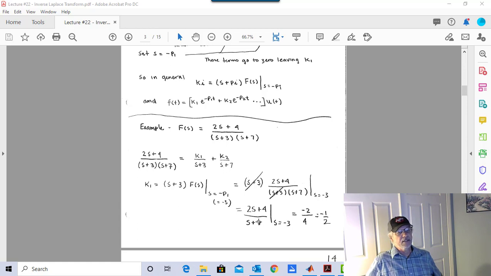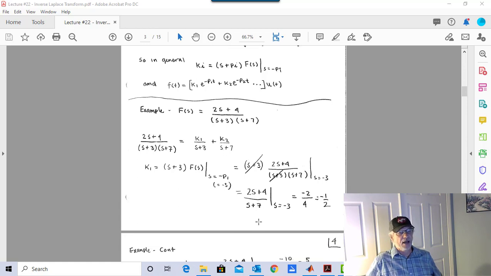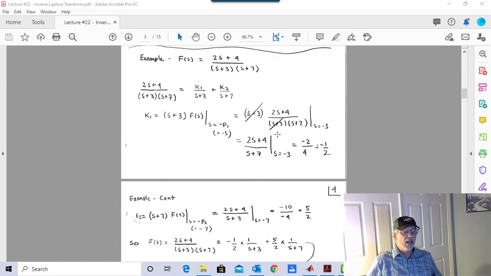So let's substitute minus 3 into that. And we get 2 times negative 3 plus 4 gives us minus 2. Negative 3 plus 7 gives us 4. K1 equals negative 1/2.